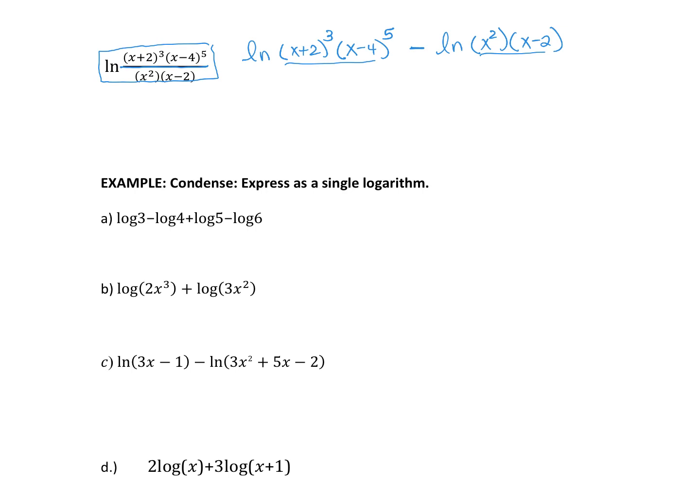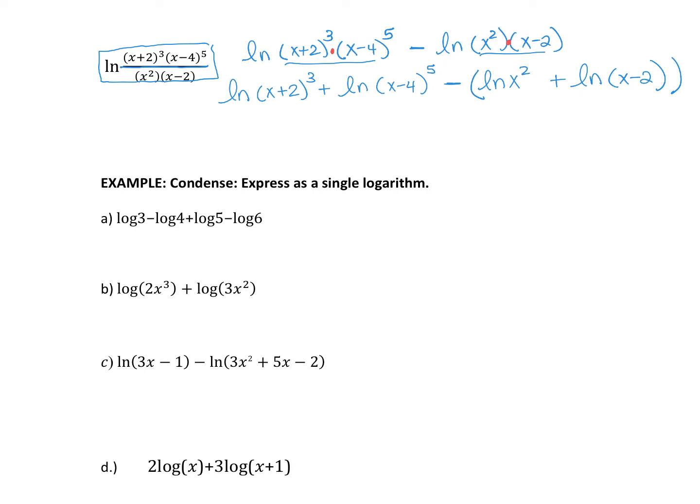At this point, we will use the product rule for both of these, and we will have the natural log of x plus 2 cubed plus the natural log of x minus 4 to the 5th minus, don't forget your parentheses, the natural log of x squared plus the natural log of x minus 2.